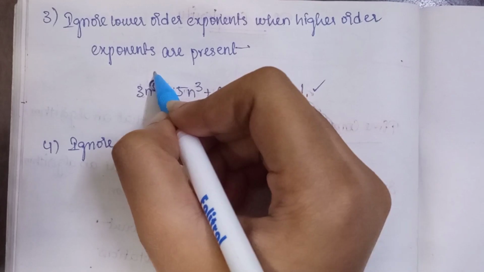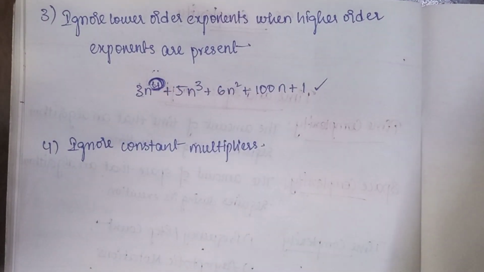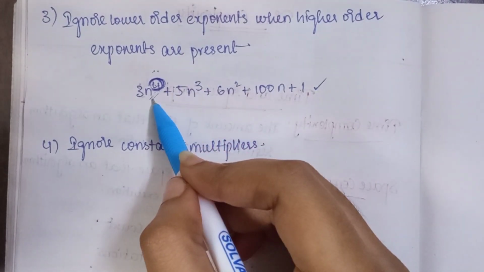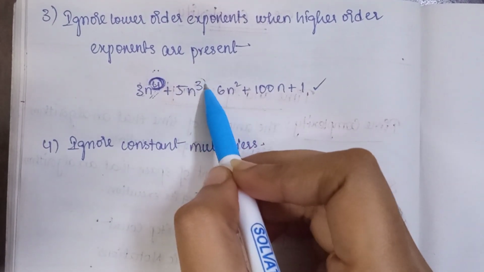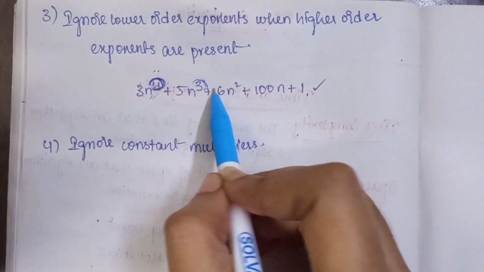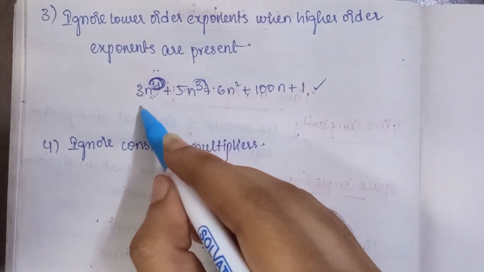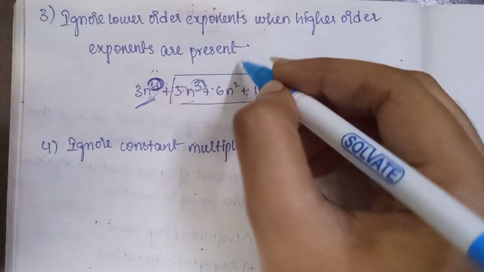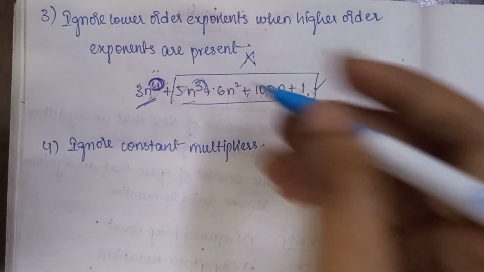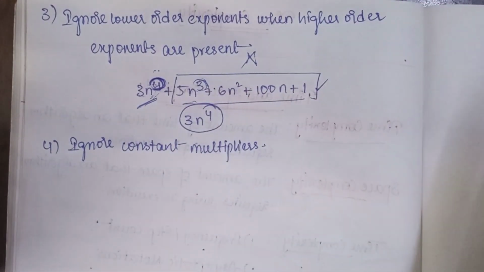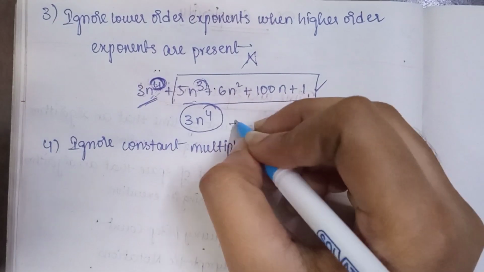Here my highest degree is 4, so that will be my higher order exponent. Because the other exponents are less than 4, I will consider only this part. The other parts will not be considered; I don't require them. So I consider 3n power 4.